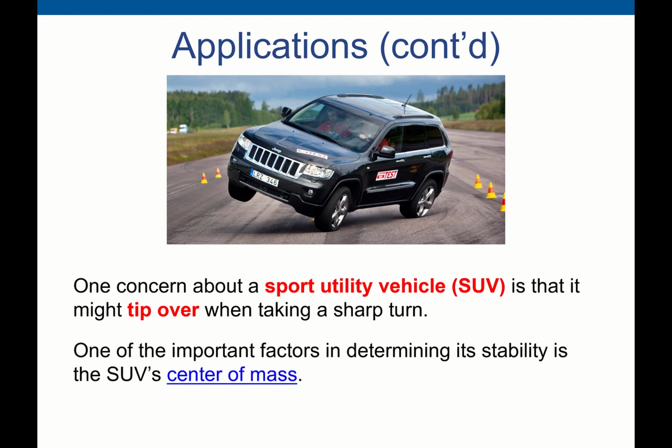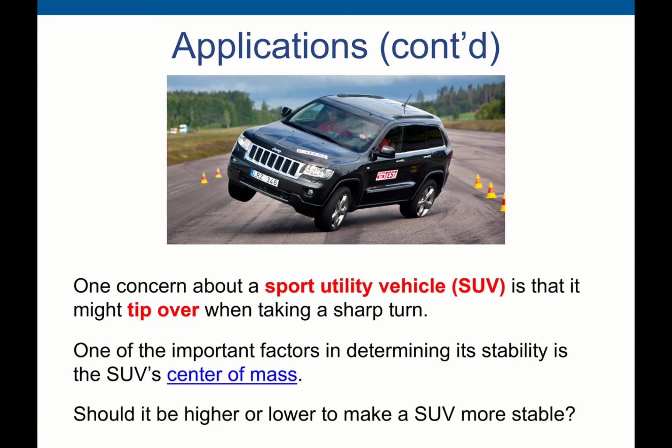The center of mass in this case is relatively higher than a sedan or a sports car. So the question is, should the center of gravity of the SUV be higher or lower to prevent the tip over event? It should be lower, right?